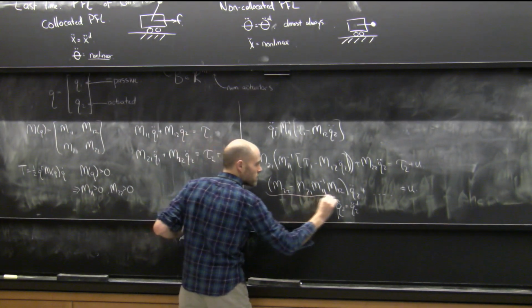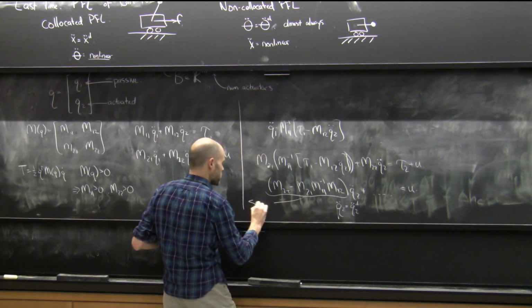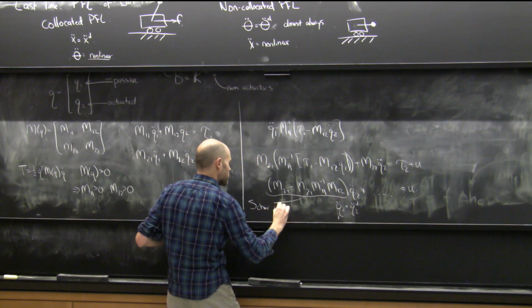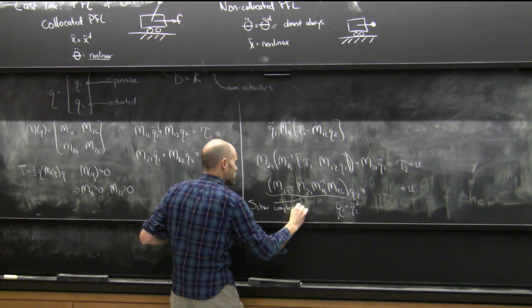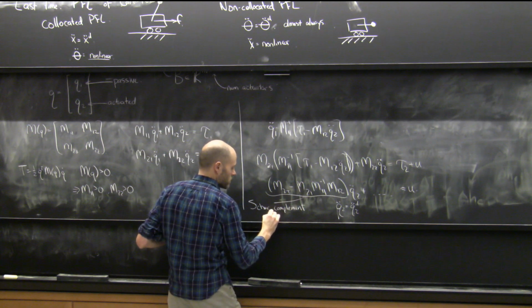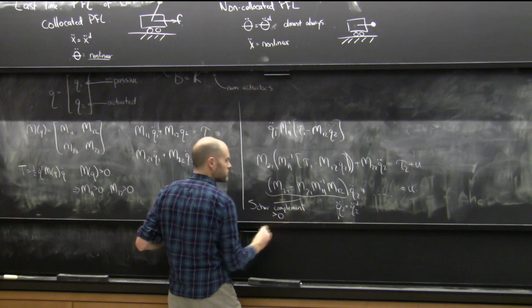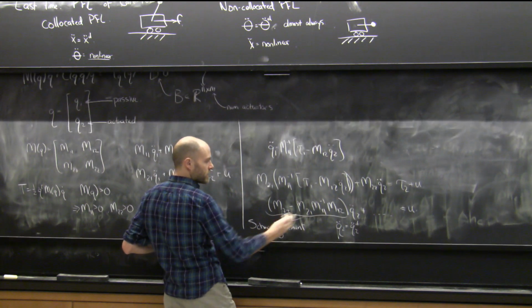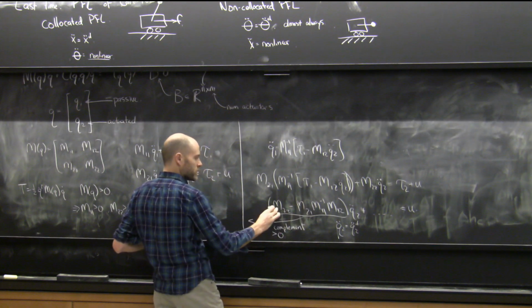If you want to know what I was talking about when I said Schur complement, that whole thing is going to be greater than 0 because these two were good.